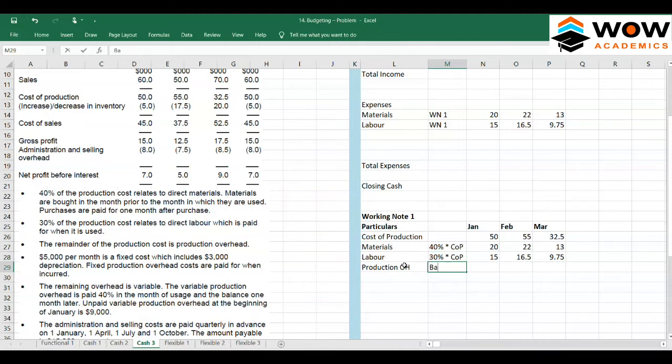We can put it as balance itself, because that's how the sum has told us. So 50 minus 20 minus 15, it's 15, 16.5, 9.75. So this is the balance. This balance is split into two parts. One is the fixed overhead, and the other is the variable overhead.